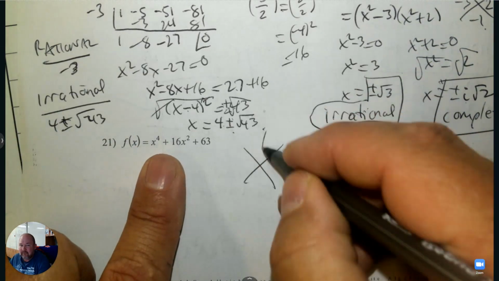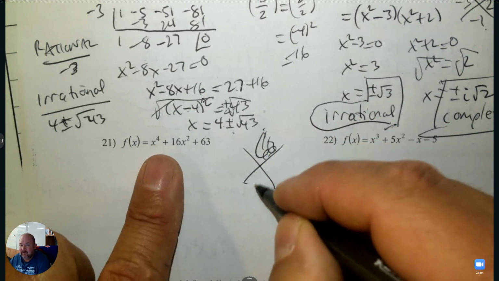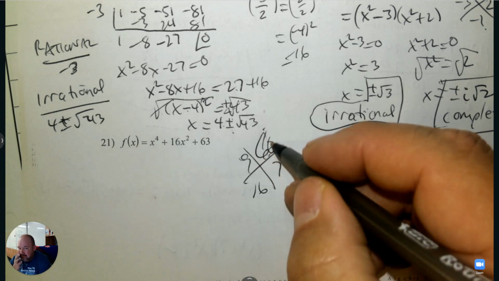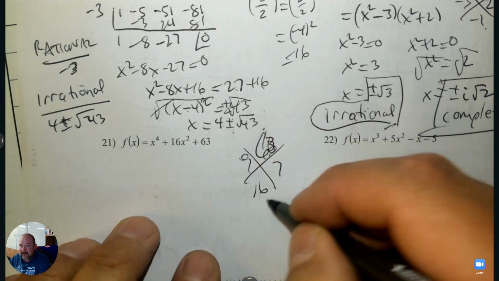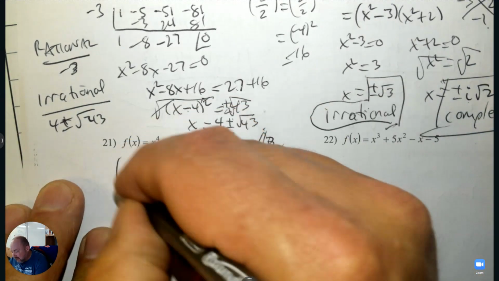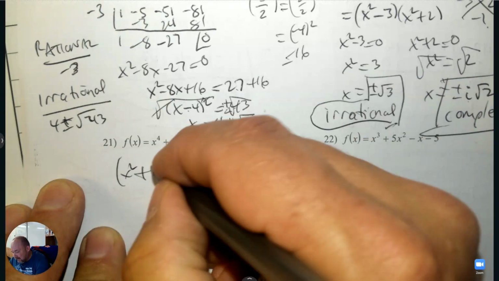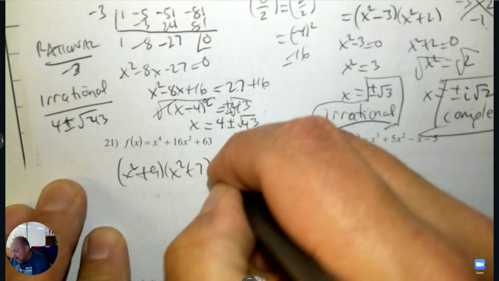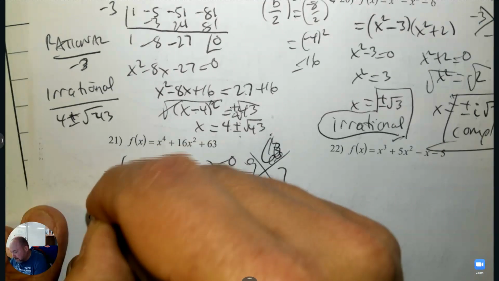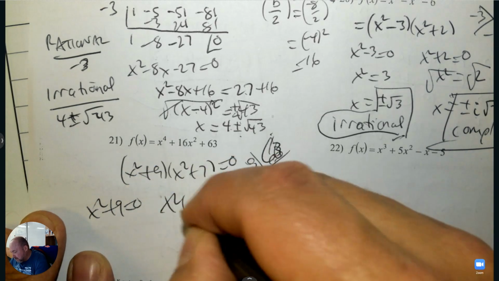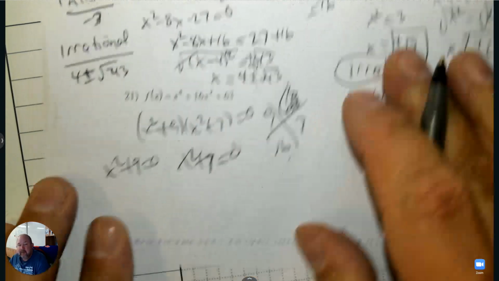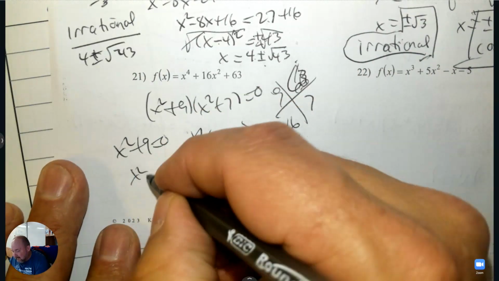Same thing, simple diamond, 63 and 16. That's 9 and 7. So 9 times 7 is 63, add up to 16. So we have x squared plus 9, x squared plus 7. Make them both equal to 0 and solve them. So I'm going to subtract 9 and then square root.